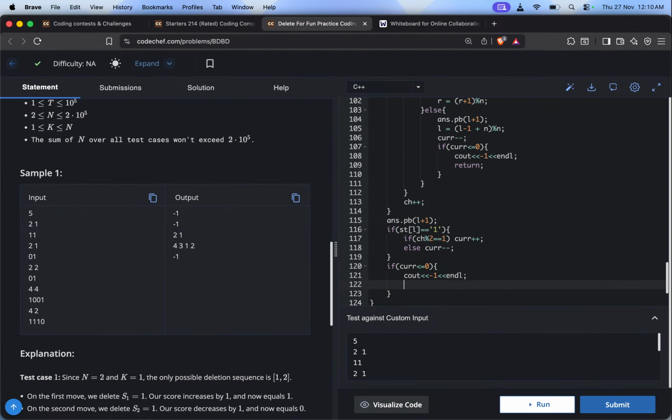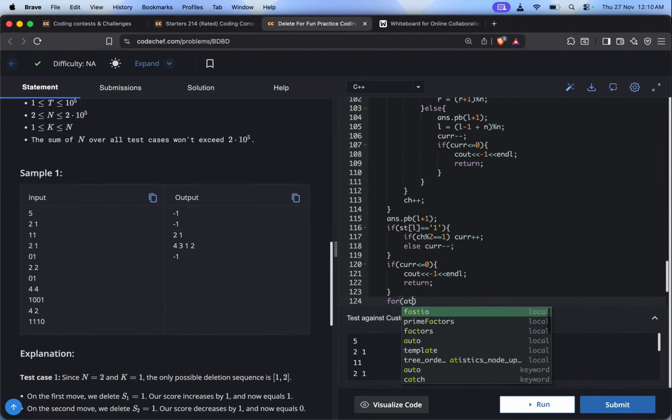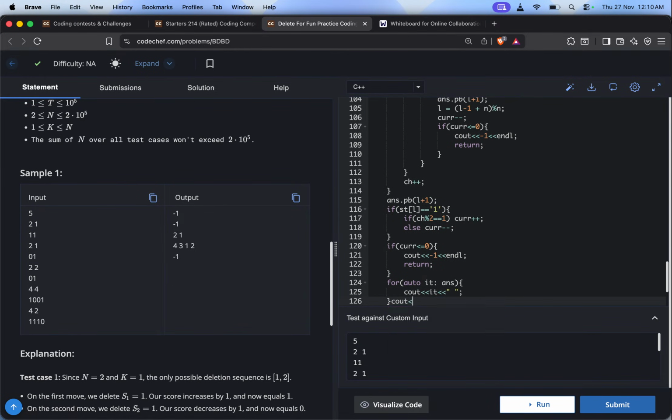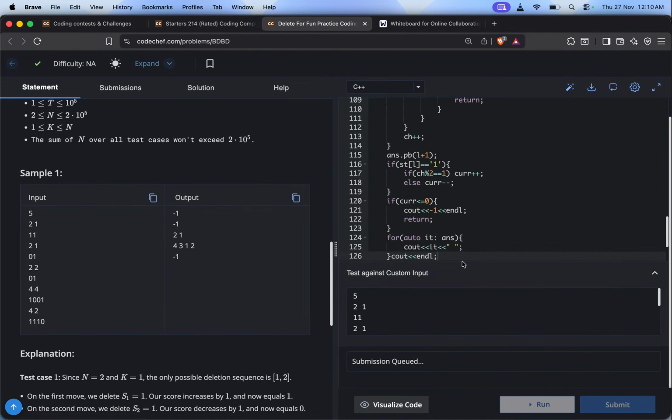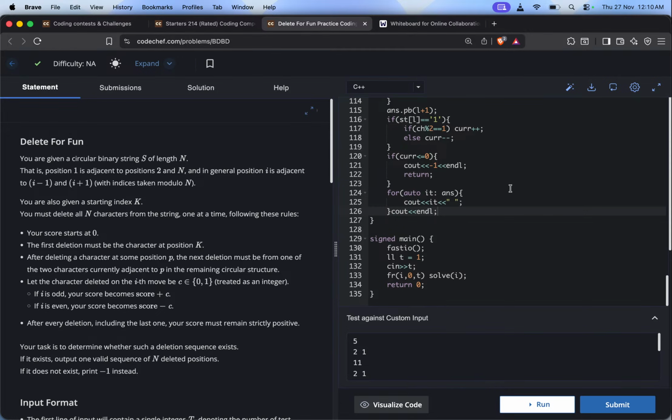If it goes negative, just return. Now iterate over all the elements of the answer and then just print it. This is the order. So this is our solution for this question.